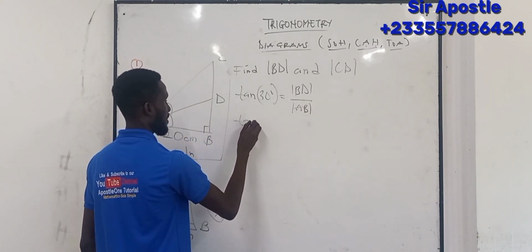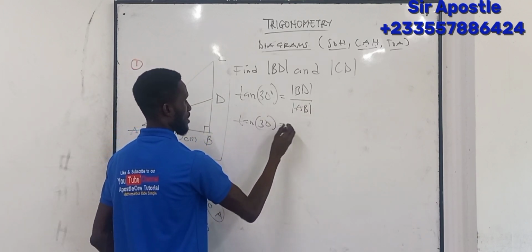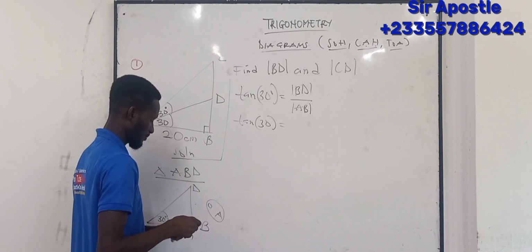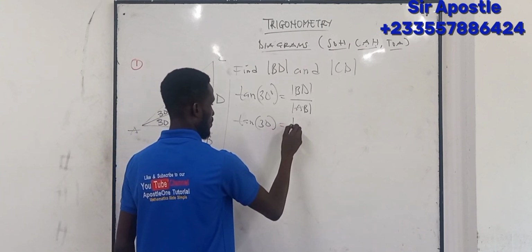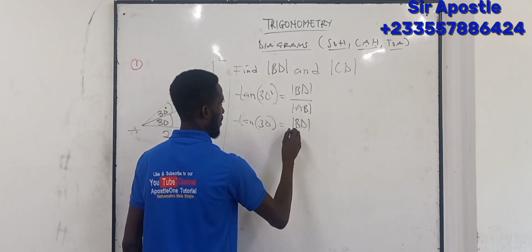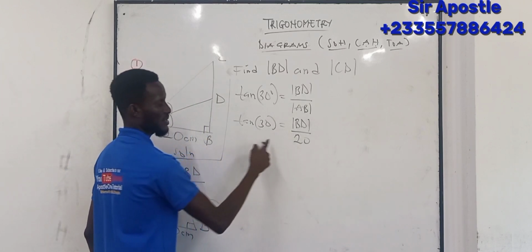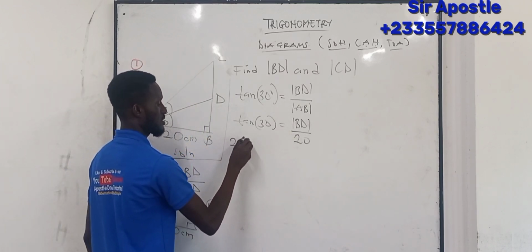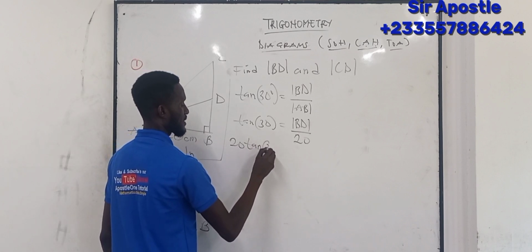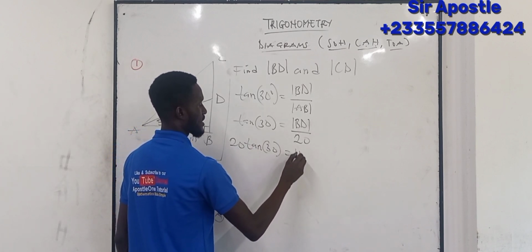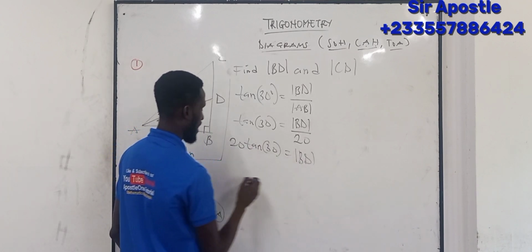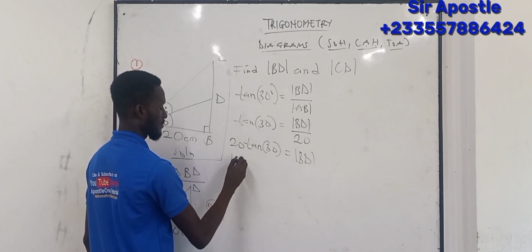Now, so we have tan 30 is equal to BD. BD is what we are looking for. AB is 20, so let me write a 20 here. You multiply by 20, you're going to get 20 tan 30, which will give us BD. Then you punch 20 tan 30 on the calculator directly.